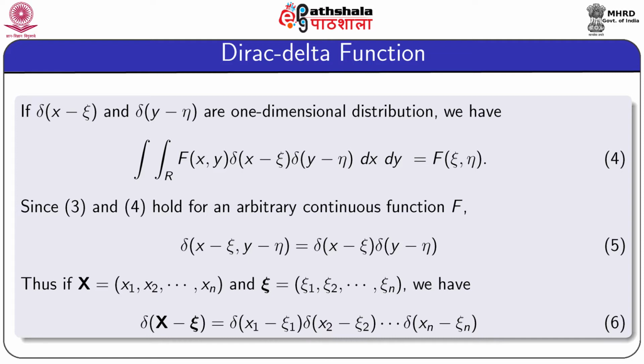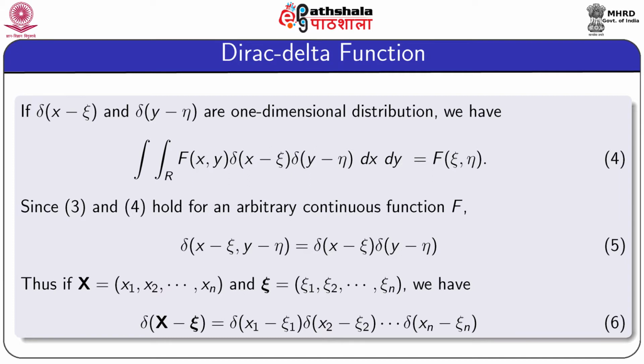And if we see results 3 and 4, we can conclude that delta of x minus xi, y minus eta is equal to delta of x minus xi times delta of y minus eta. So, in equation 5, we have shown that the Dirac delta function in dimension 2 can be written as a product of Dirac delta functions in one dimension.